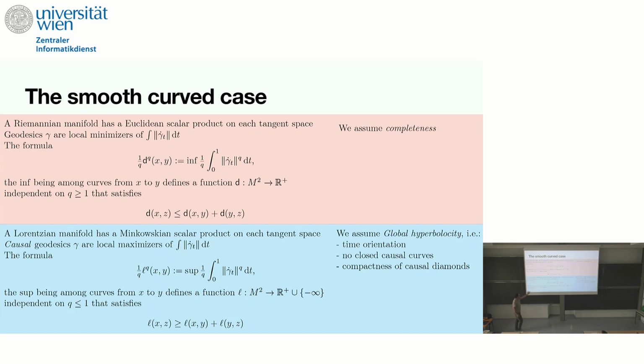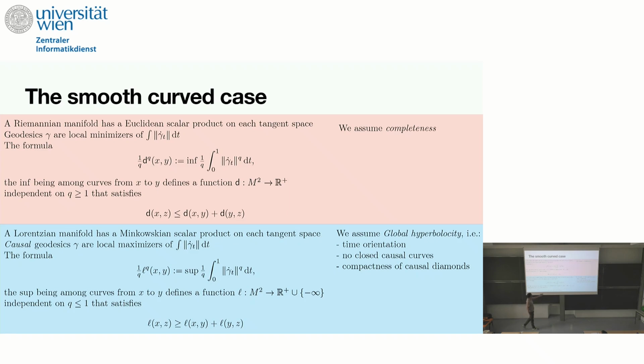And it turns out that in the Lorentzian setting, geodesics are locally maximizers of kind of the same energy, except that now q is smaller than 1, possibly negative. Once you minimize, or in this case maximize, the energy, what you end up with is this function L, whose value is independent of q, much like the value of the distance between x and y above is independent of the parameter q.